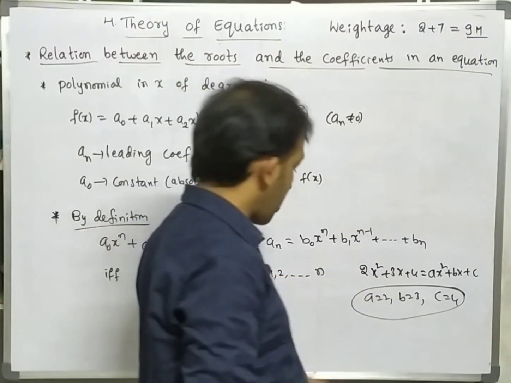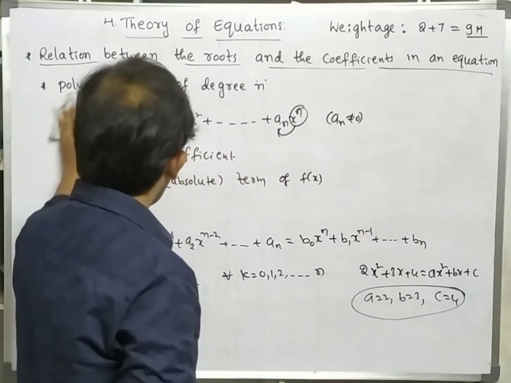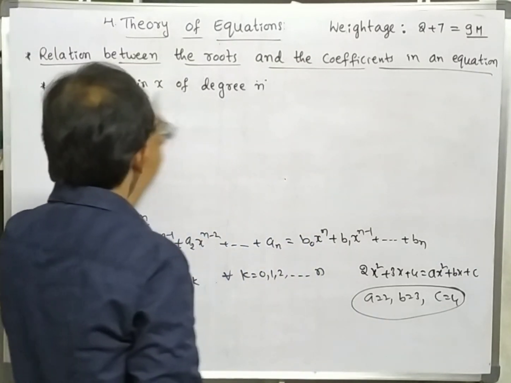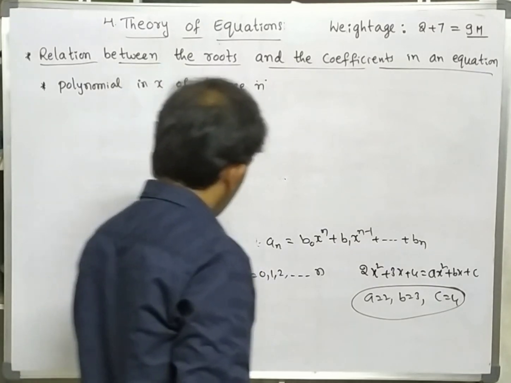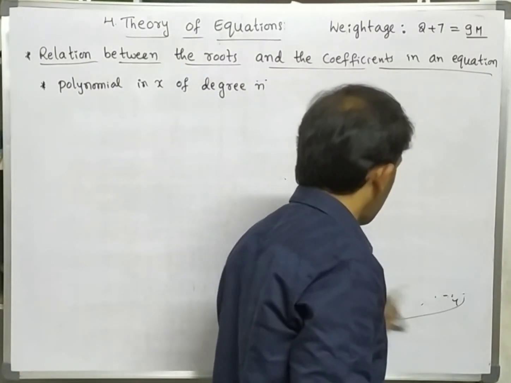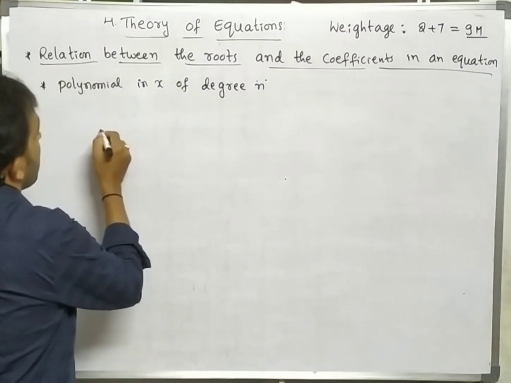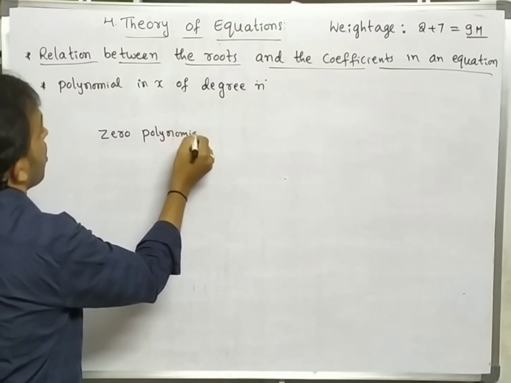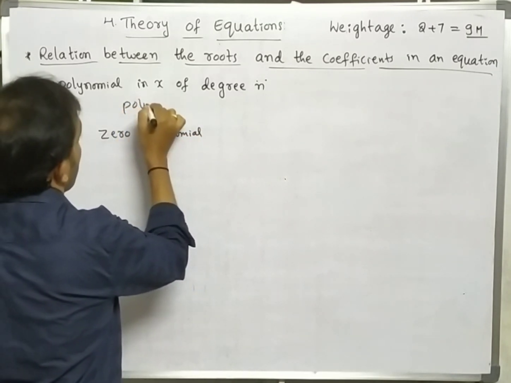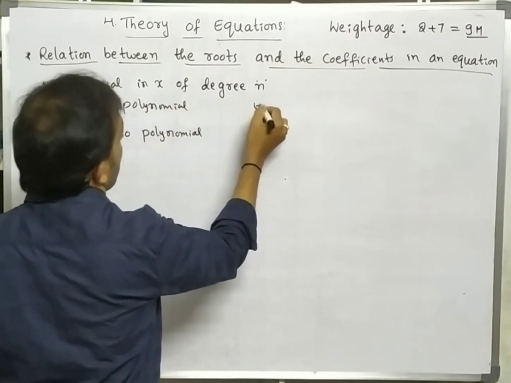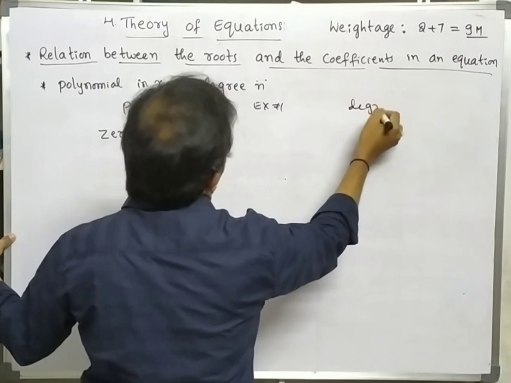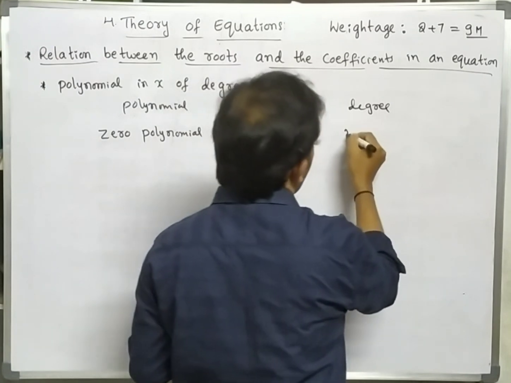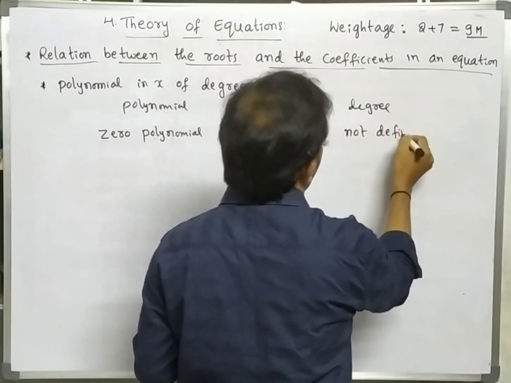Next, in 9th class we have learned that the zero polynomial is denoted by 0. So the zero polynomial is nothing but 0, and the degree of the zero polynomial is not defined.